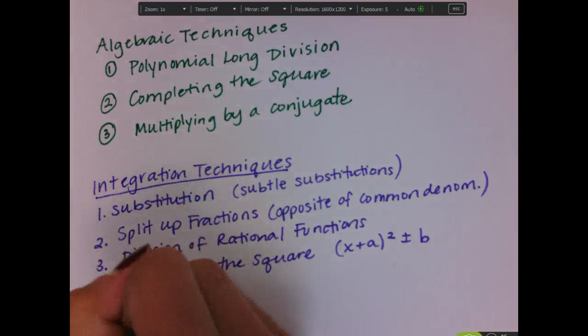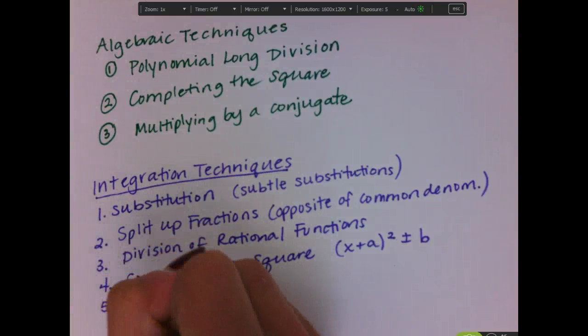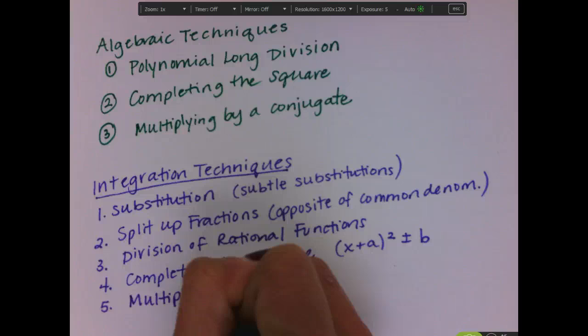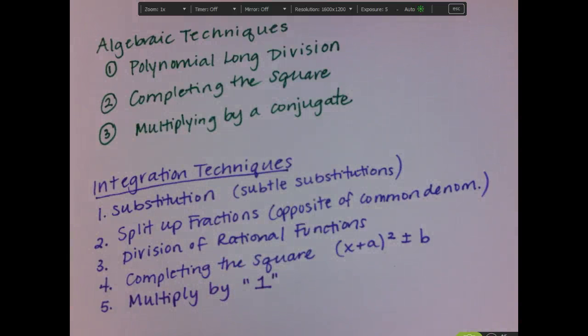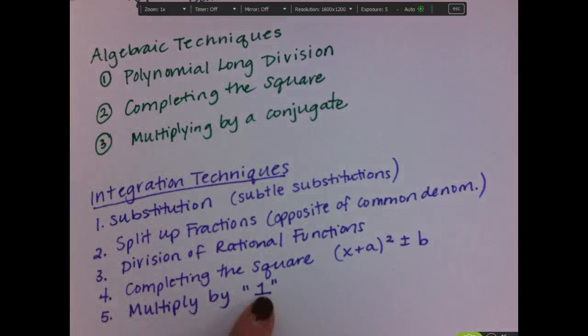And then the last one is that sometimes you can take a fraction and multiply it by 1. Obviously here we don't really mean the number 1, but something that is equivalent to 1, like x plus 3 over x plus 3.